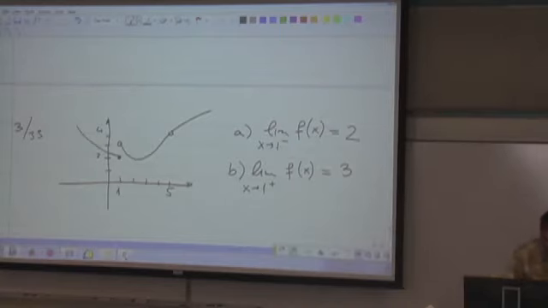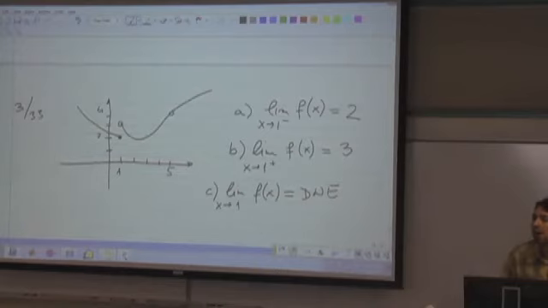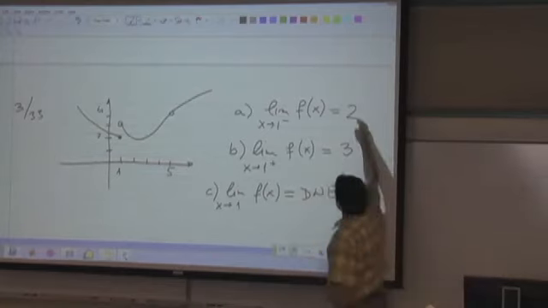Okay. Part C. The limit as x goes to 1 of f of x. Does not exist. Does that make sense? The values are different.